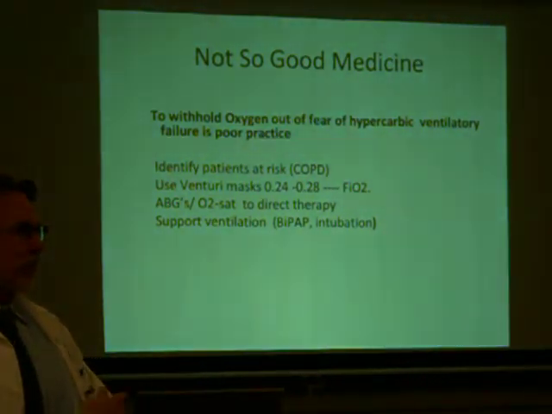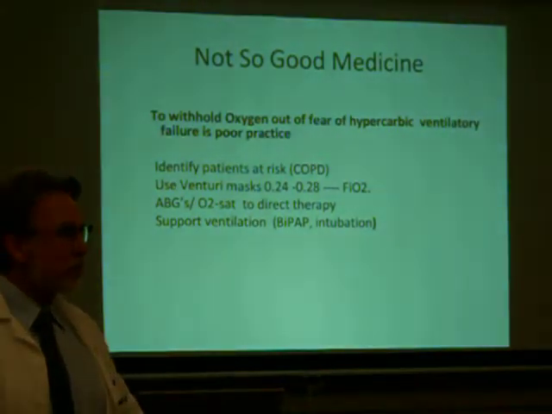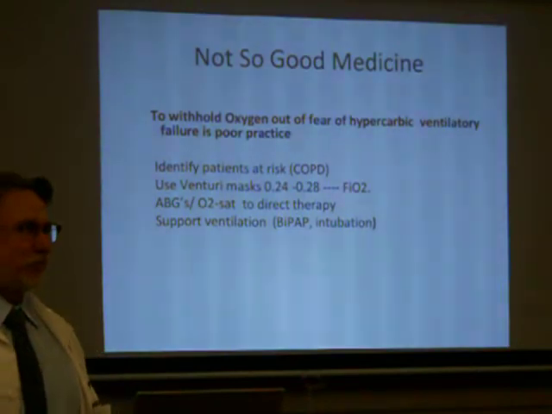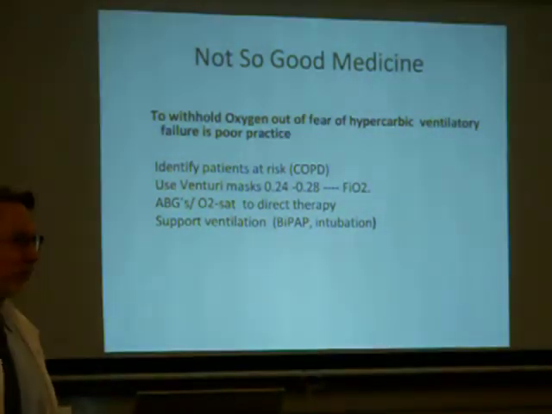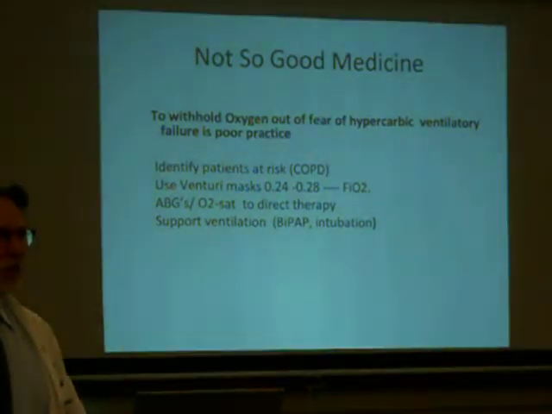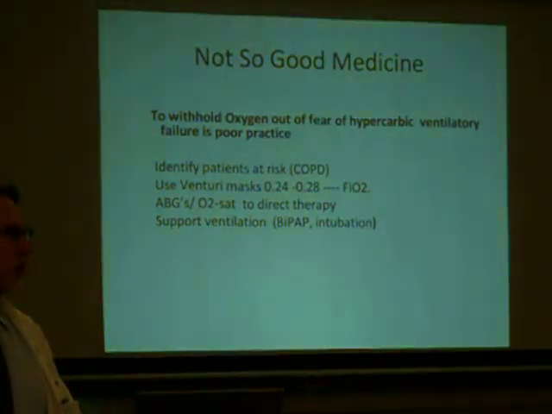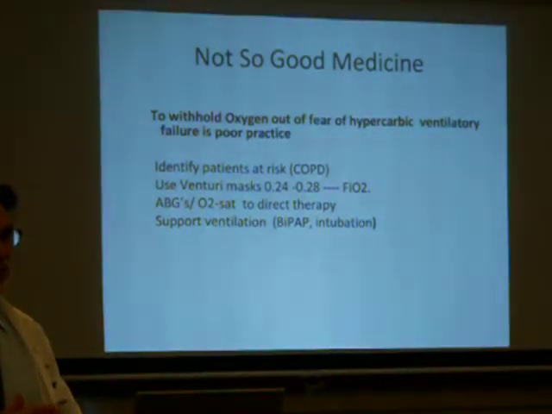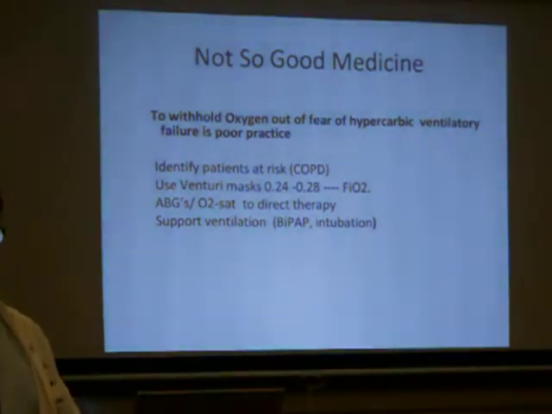So, what type of pH? Are you worried when it's down to 7.25? You start getting concerned. But usually you can get by in someone with COPD if their pH will drop to 7.2 to 7.3. If it's less than 7.2, you're going to have to intubate them.